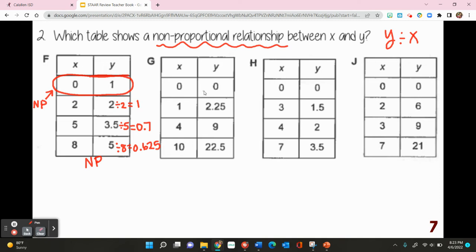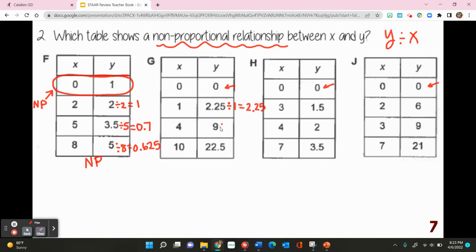So when you look at a table and you see the point (0, 0) like G, H, and J, this lets you know that it is a possibility that it is proportional. But again, you have to check the table by dividing y by x. So for example, G, when I take 2.25 and divide it by 1, I'm going to get back 2.25.